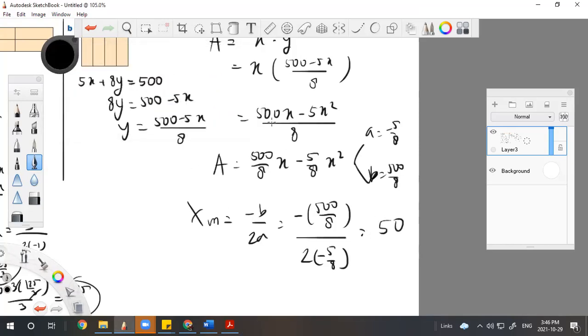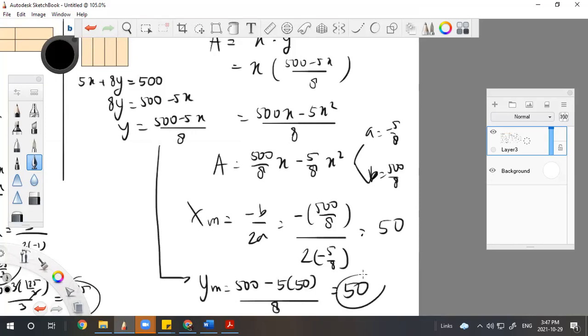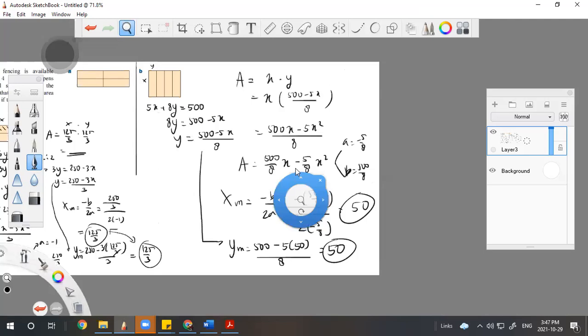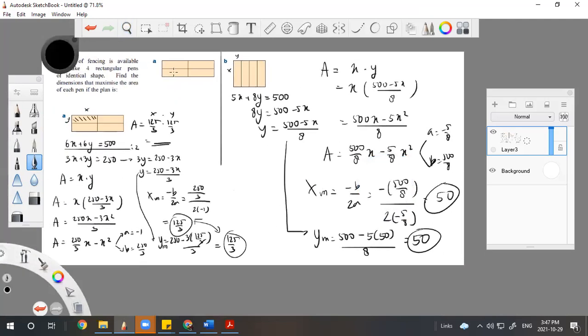And the y will be 500 minus 250, or minus 5 times 50. So 50 also, right? So it's again a square. That's it. So the answer of question A is 125 over 3 and 125 over 3 for x and for y. And about this one, 50 and 50 for x and for y.